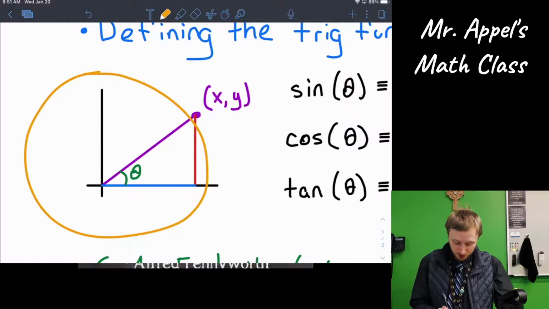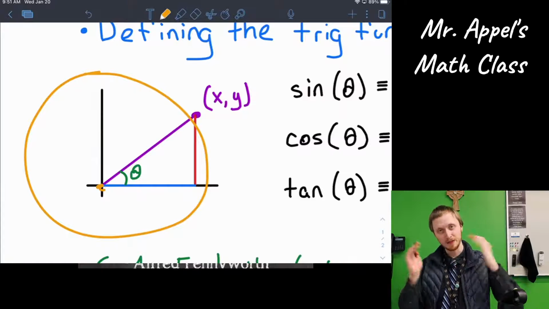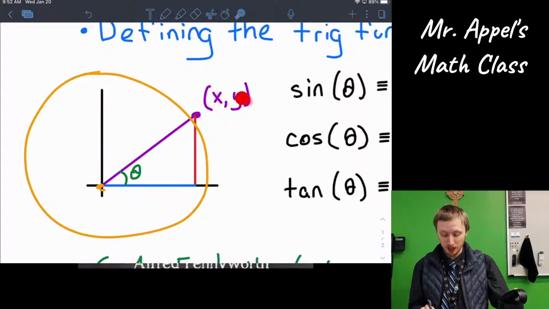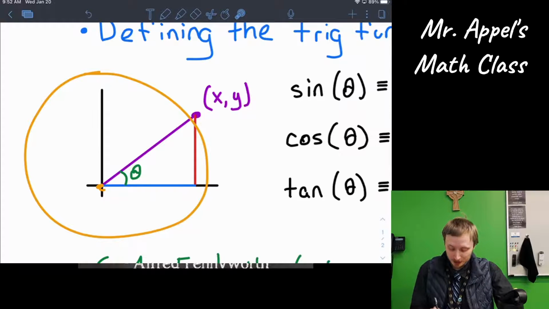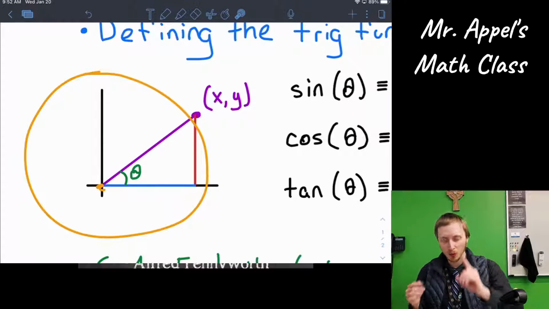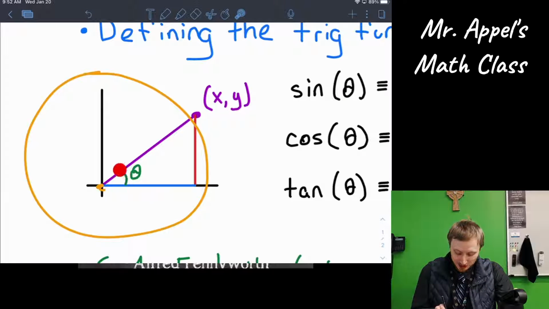We had our unit circle, our center point, and we can define any point on that circle based on its x, y coordinates, as well as a distance from the center, the unit circle. We set that distance to always be 1, and then an angle up from the positive x-axis.